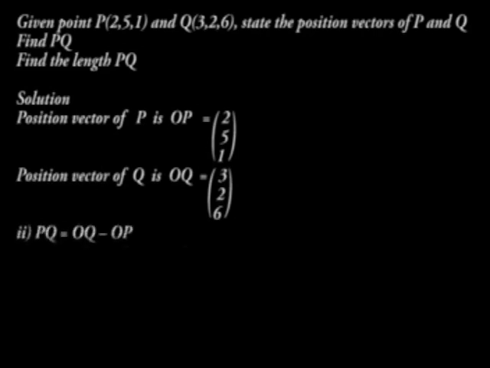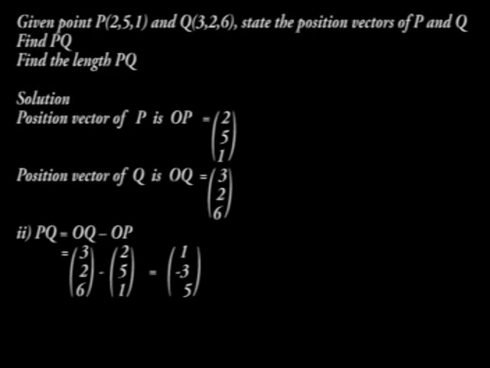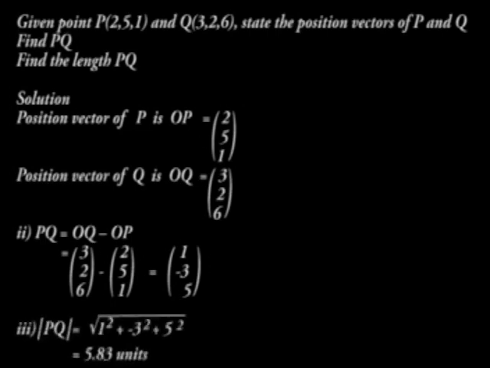PQ is equal to OQ minus OP, that is (3, 2, 6) minus (2, 5, 1), which is equal to (1, -3, 5). Length PQ is given by square root of 1 squared plus (-3) squared plus 5 squared, which gives us 5.83 units.